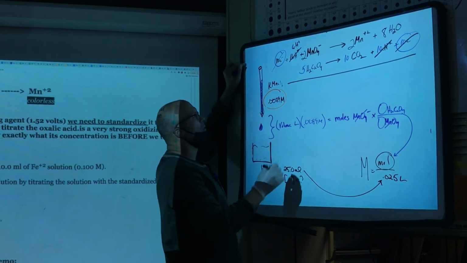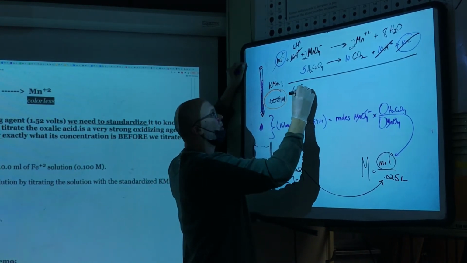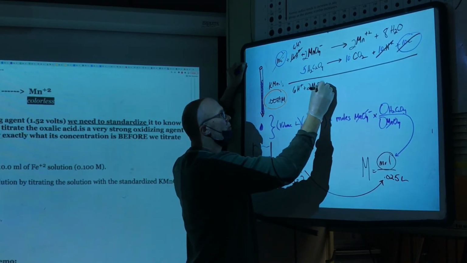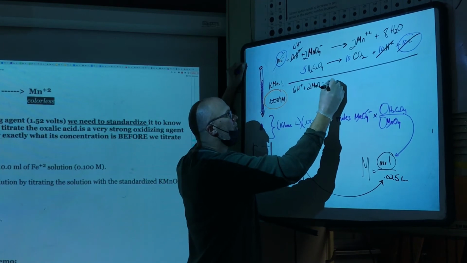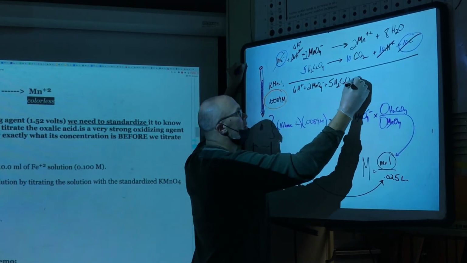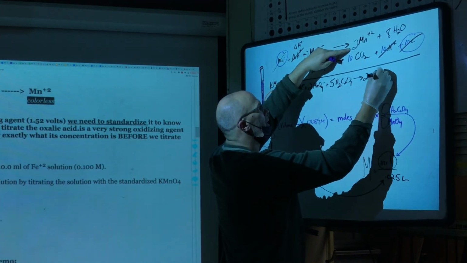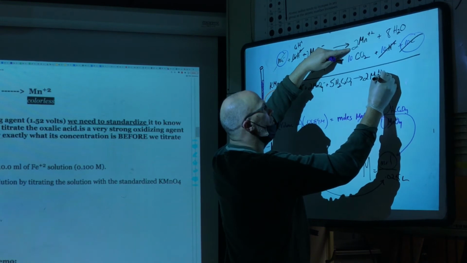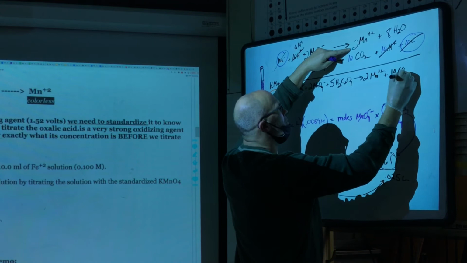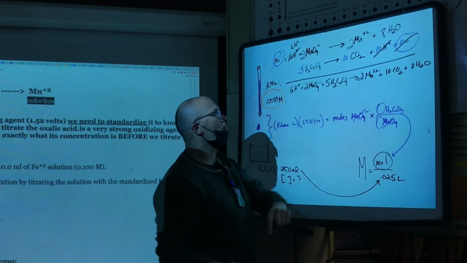So the overall balanced reaction is 6 protons plus 2 permanganate ions plus 5 oxalic acids gives me 2 manganese, plus 10 CO2 plus 8 waters. And that's the overall balanced reaction.